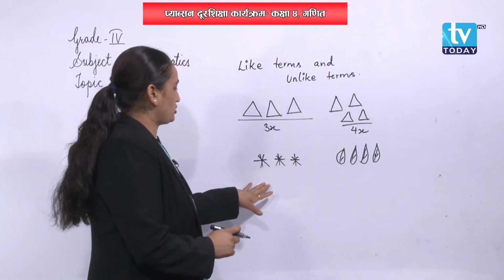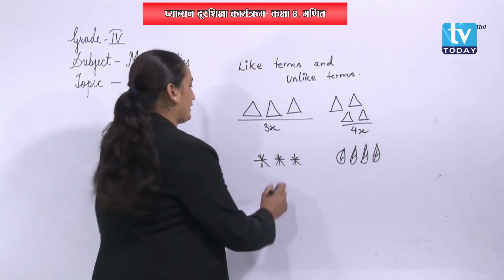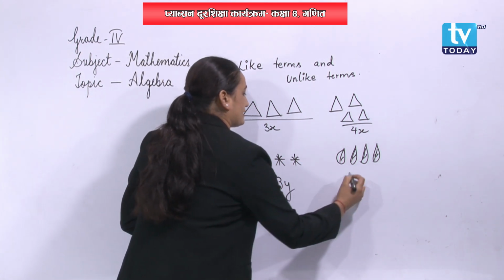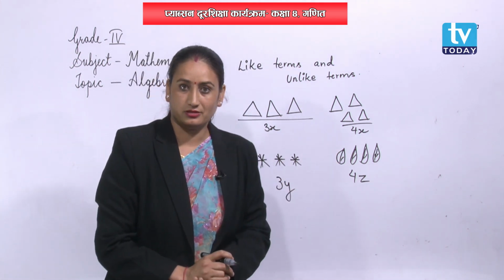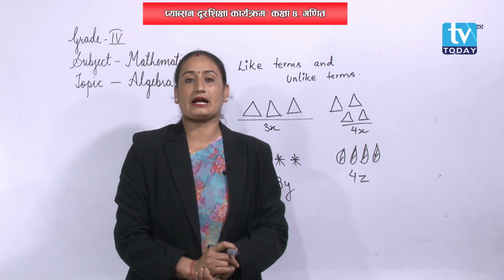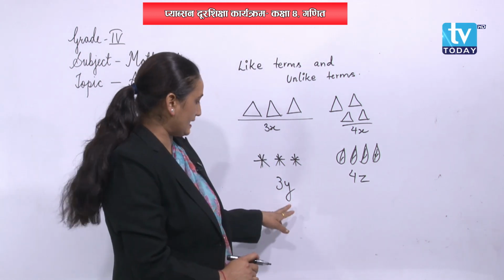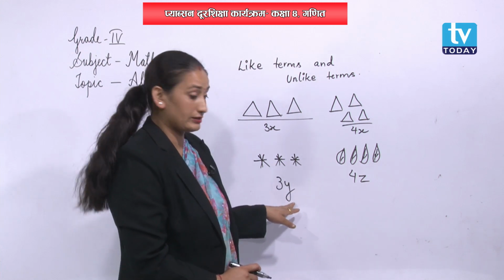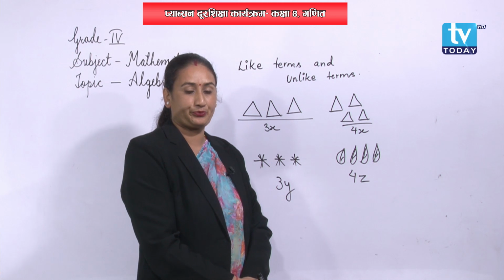And here in the picture, can you see 2 different pictures are here? It's 3y and it's 4z. Are they the same picture? Obviously, they are not the same picture. So, we call it, see here, the variables are different, the bases are different, y and z are here.